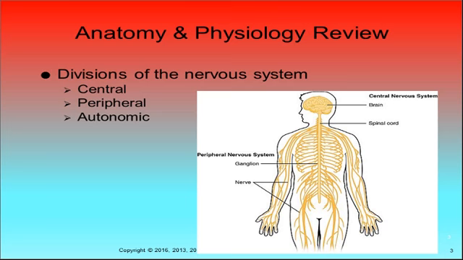Our peripheral system is composed of your spinal nerves, your 12 cranial nerves, and then your autonomic nervous system. Your peripheral nervous system has 31 pairs of spinal nerves that exit out of the spinal cord.